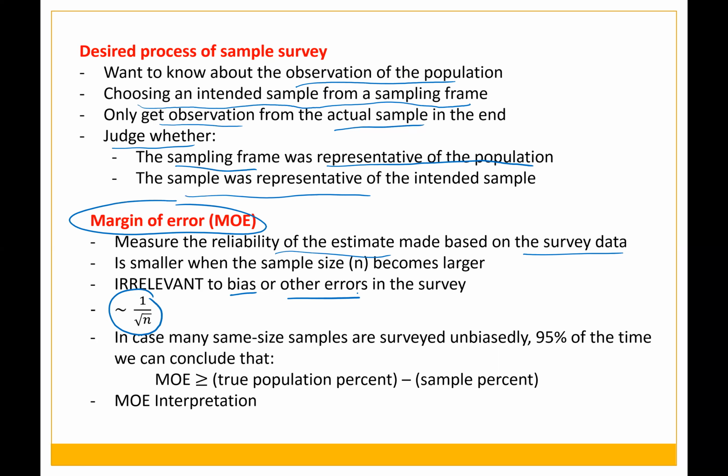If many samples are surveyed unbiasedly, 95% of the time we can conclude the following. Say we have a big population and we pick out many samples from that population and survey them.